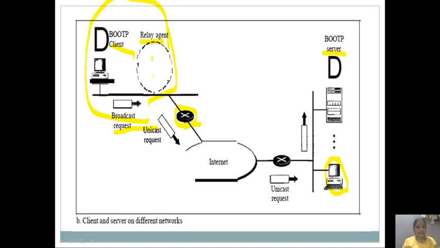When it receives this type of message packet, it encapsulates the message in a unicast datagram and sends the request to the Bootstrap server using the internet.